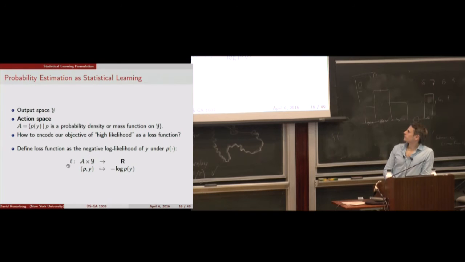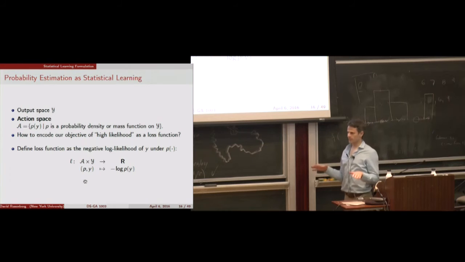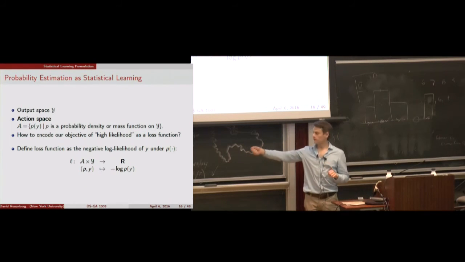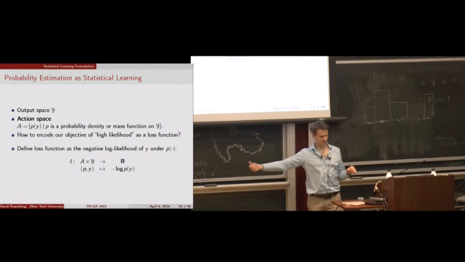So a loss function takes an action, something we produce, and an actual output y. So here's a great example where the action space is completely different from the output space. We're producing something that's a probability distribution. That's our action space.